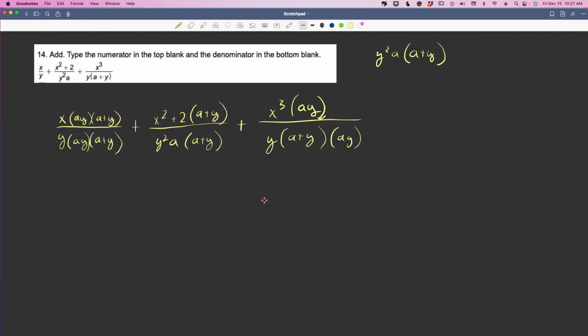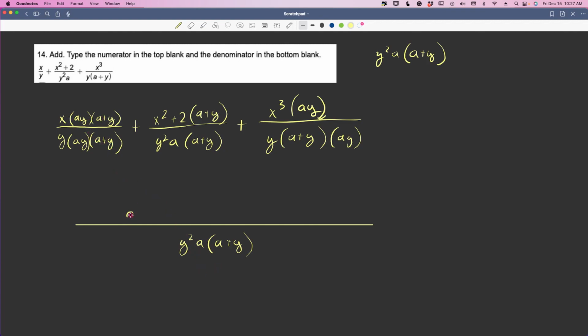We just need to do a little bit of calculation. So I'm going to rewrite it. And our denominator is y squared a times a plus y. And we'll leave it just like that. And we're going to just resolve some of these.